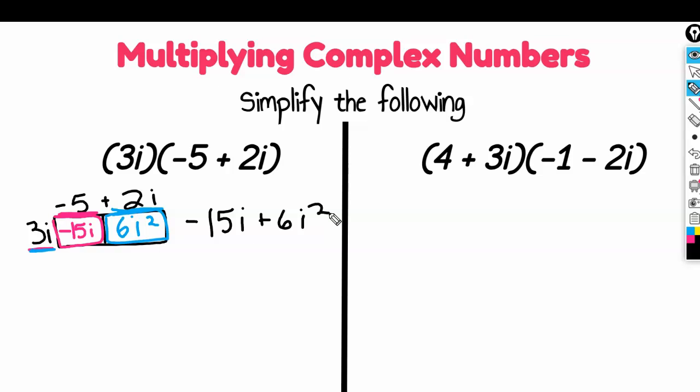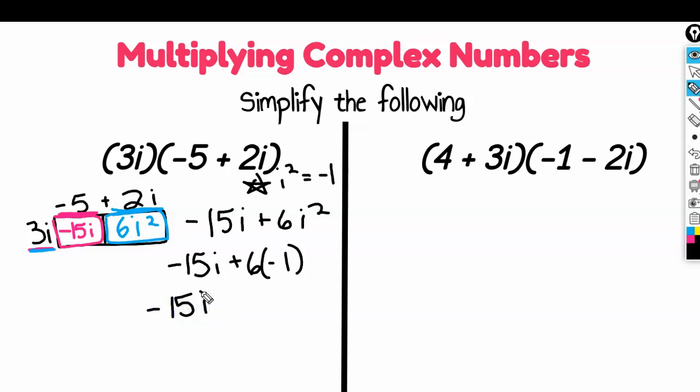If we were just using x, we would be done. But reminder, i squared is negative 1. So what are we going to do? We are going to see where we have an i squared and replace it with negative 1. And then we are going to continue to simplify.